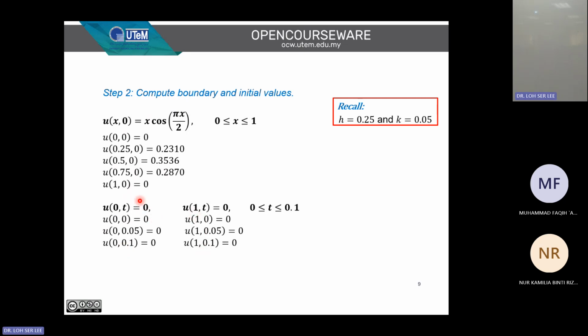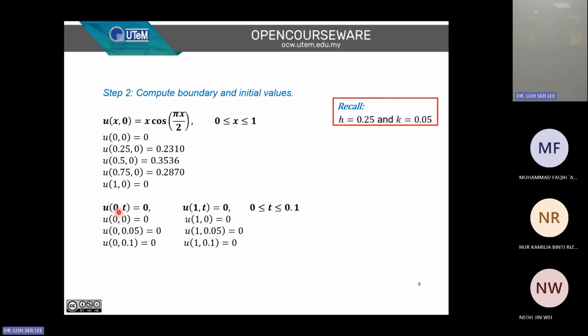But since the right-hand side is 0, that means no matter what your T is, it will remain 0. Unless you are given a function in T, then this will change according to your T values. Any questions so far?